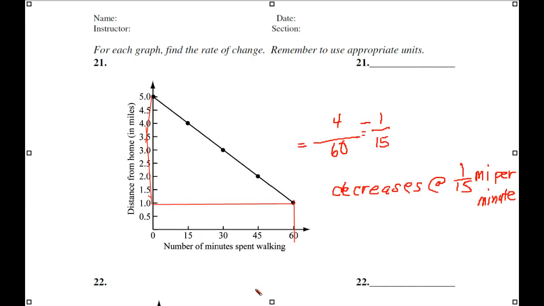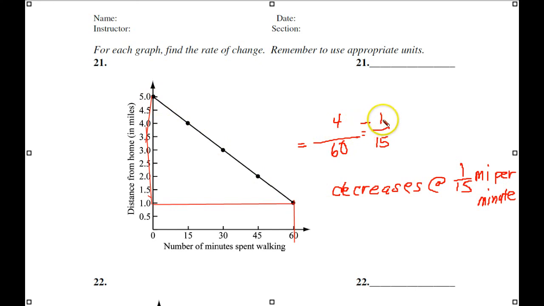Okay, for number 21, it says for each graph, find the rate of change. Remember to use appropriate units. So what I've done is I've made a little red triangle over here. So our run is 60. Now note our rise is from 1 to 5. So there's only 4 units of rise. And that, remember, is negative since it starts high and goes down.